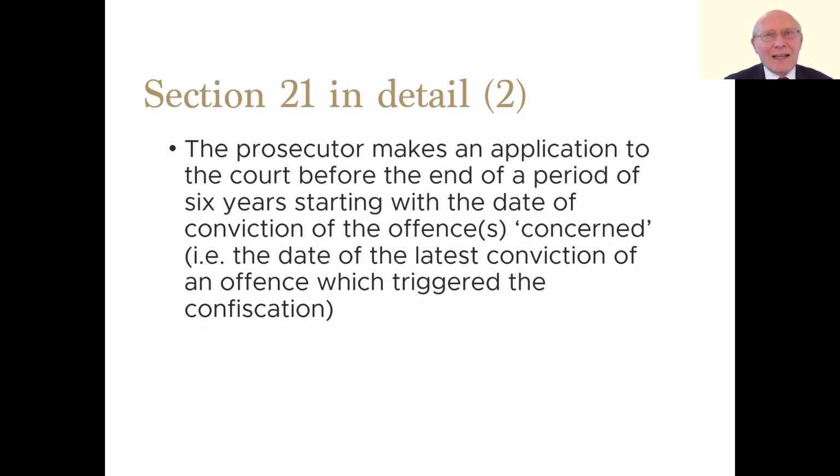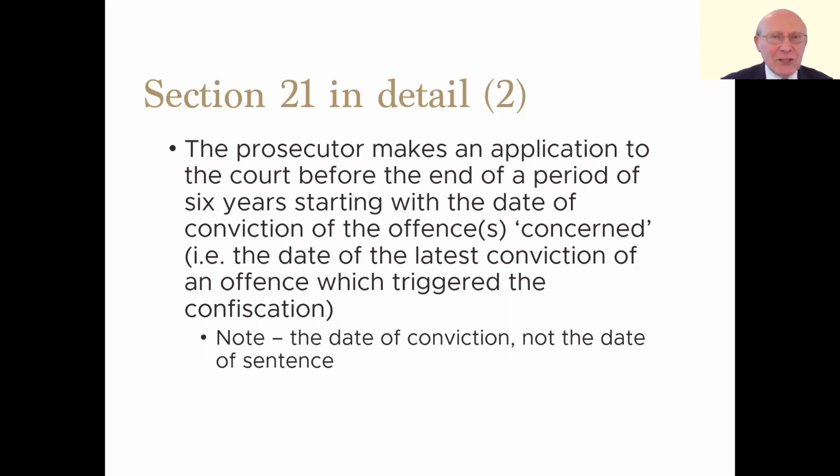So we're talking about a conviction in the Crown Court generally, or a referral to the Crown Court from the magistrates where the conviction has been in the magistrates' court, but confiscation is to be pursued and that has to be in the Crown Court. So 6 years from the date of conviction.